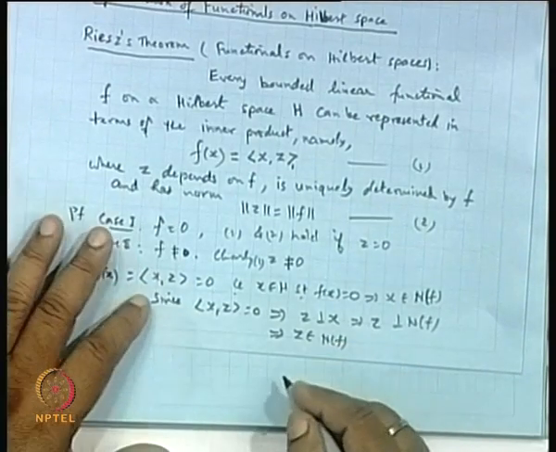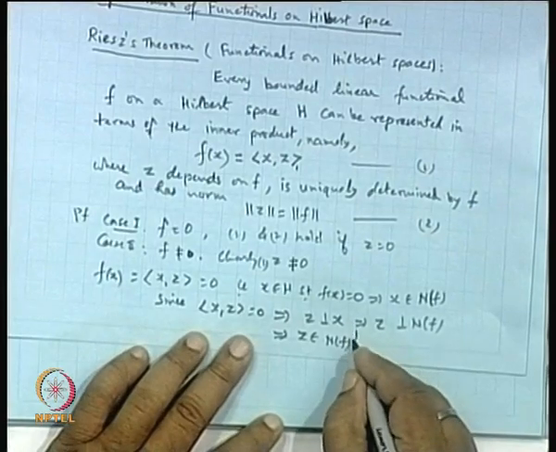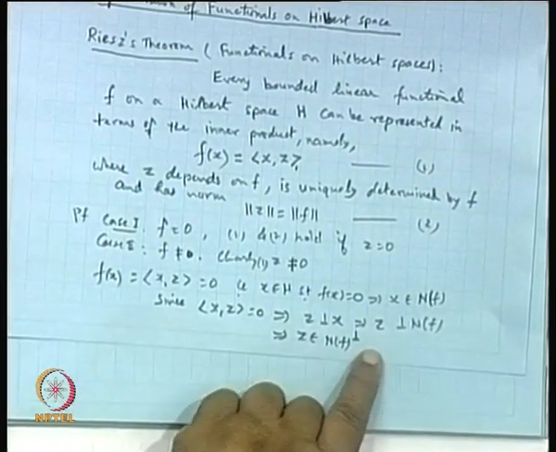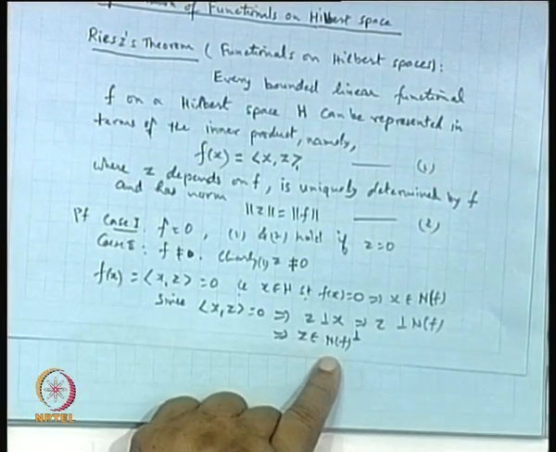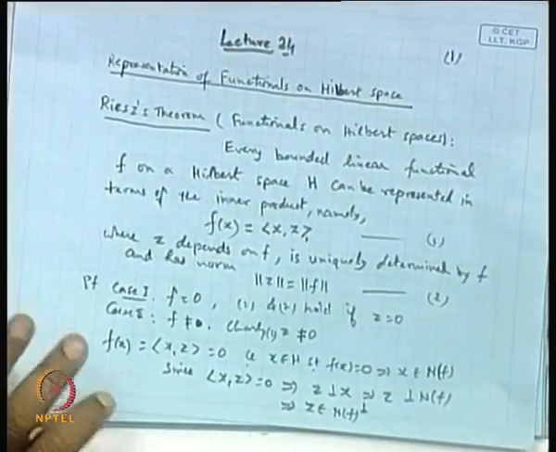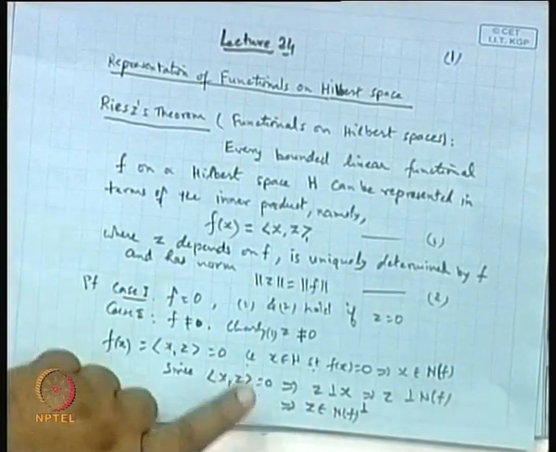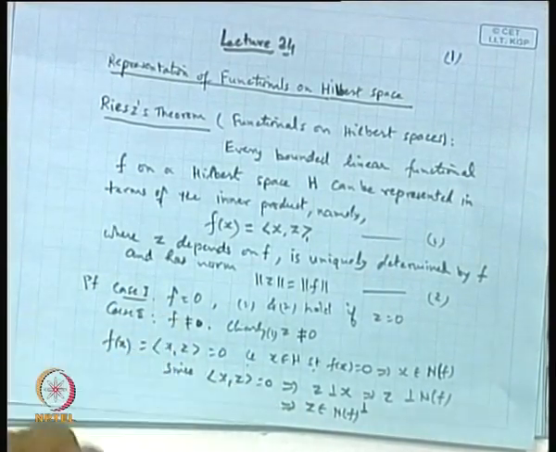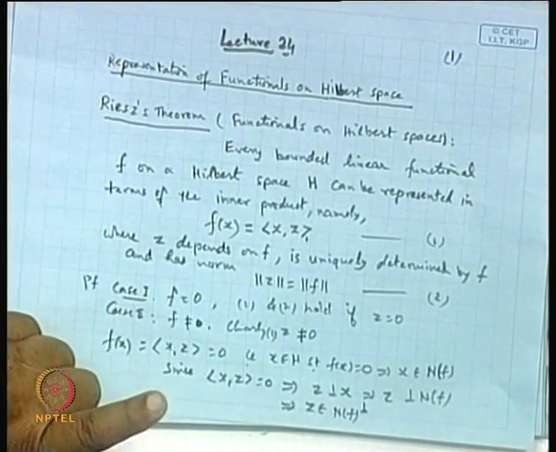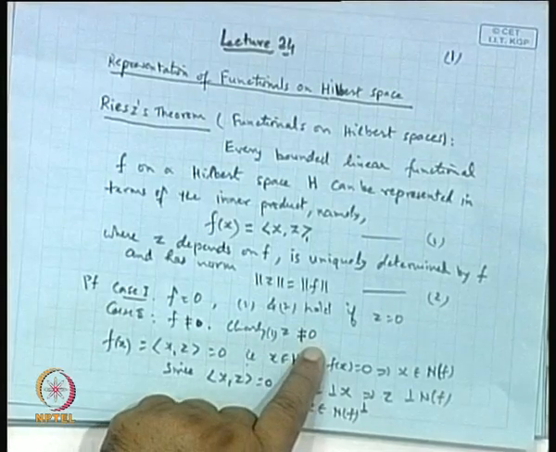I am using this symbol N_f perpendicular to mean the orthogonal complement of N_f. Okay. So, what we are basically dealing with is that when we choose f to be non-zero, then z is such that it cannot be 0. It will always be taken as a non-zero term.